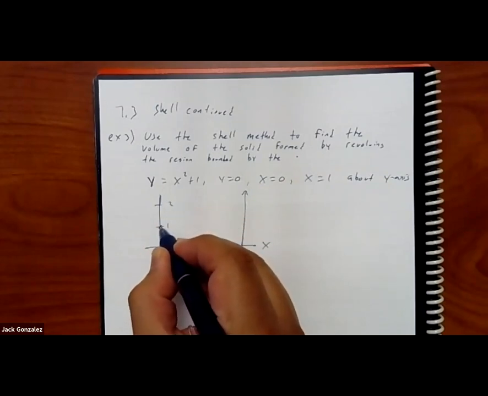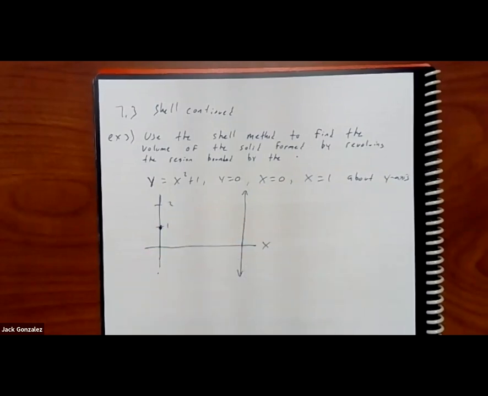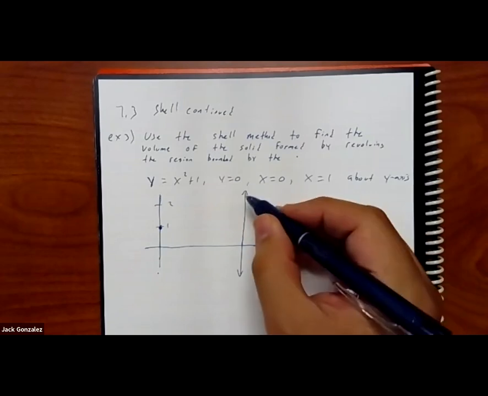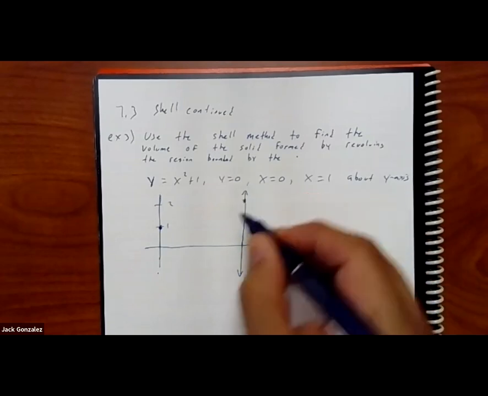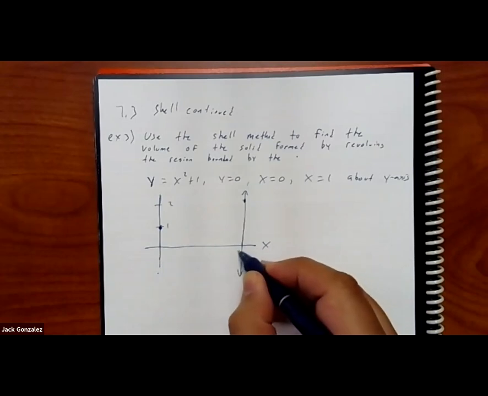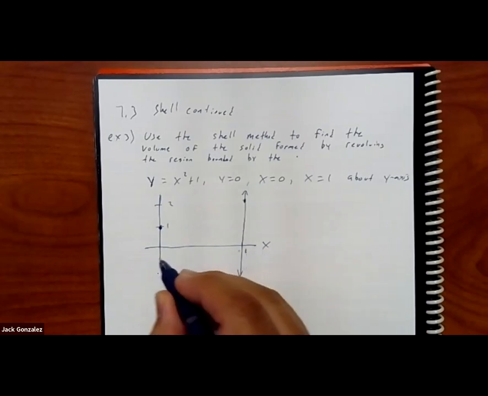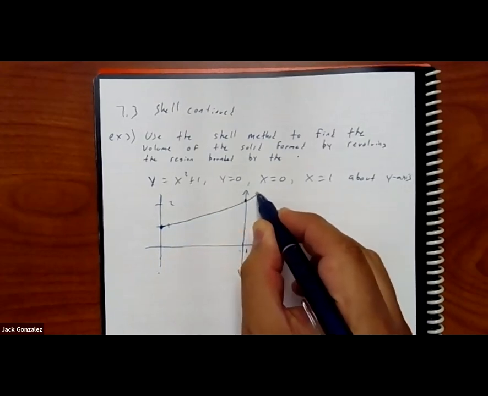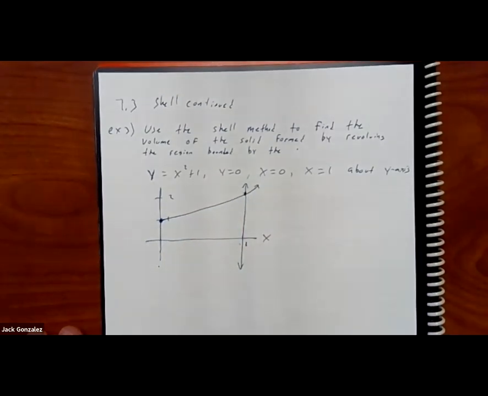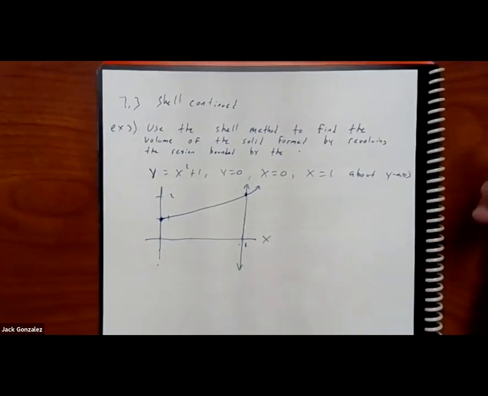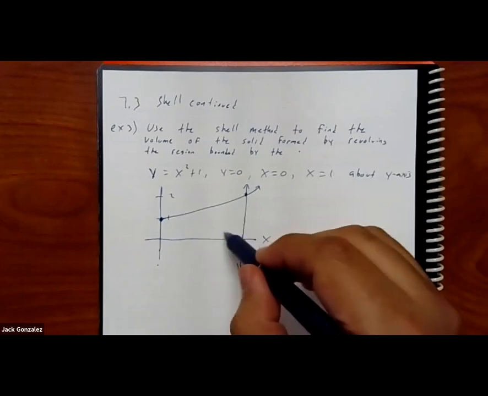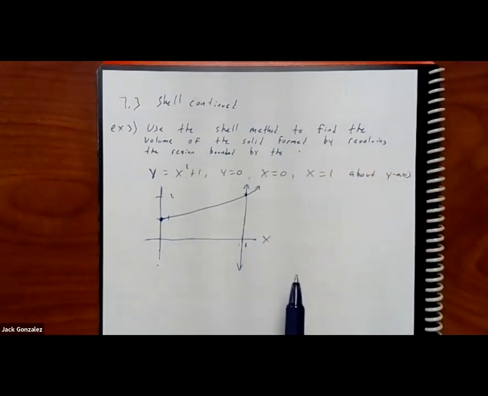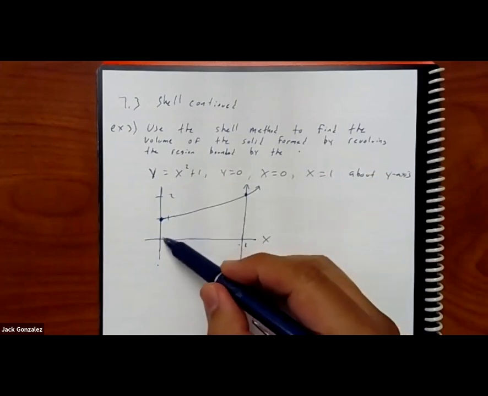So let's say this is the point of the parabola at 1. If I plug in 1, I would get 2. So that would be over here based on the axes that I'm using. That's what it would look like. So the region that we care about is in here, because y = 0 would be the x-axis. So I'm looking for this area.